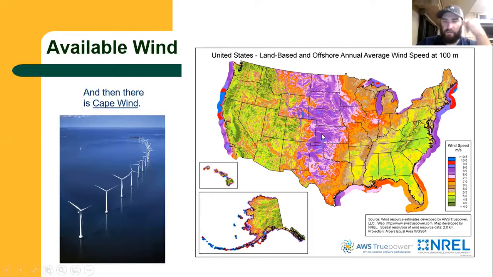If you place a wind farm here, say in Nebraska or Kansas or the Dakotas, you're going to get a lot more energy than if you were to place it in Georgia or Florida. And that's mostly because this is mostly flat land, and then off the coasts, you have a lot of wind that does not get slowed down or obstructed by anything. So we'll watch another quick video just about wind. This one's a lot more humorous than the last one.